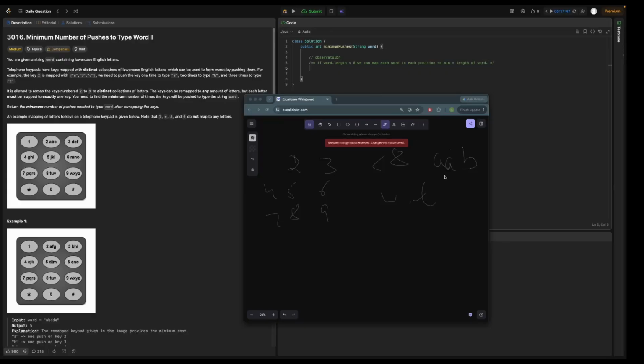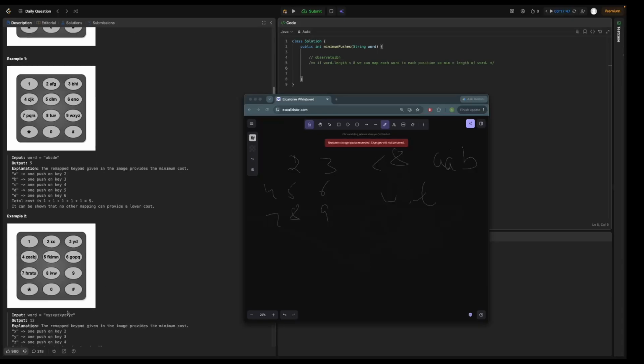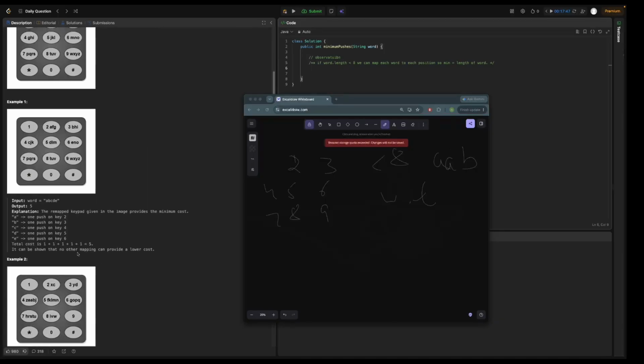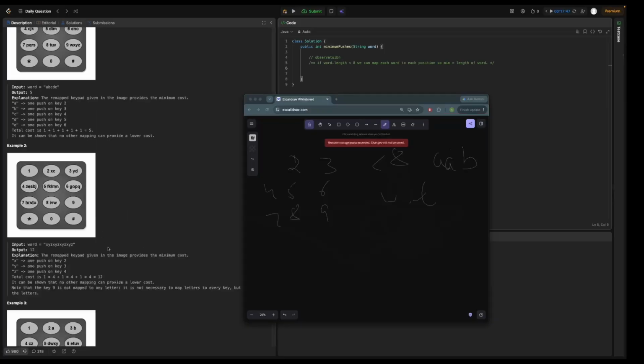But what happens if I have greater than 8 characters? What if I have something like this: X, Y, Z, 1, 2, 3, 4, 6, 7, 8, 9, 10, 11. So for example, yes, that is correct.